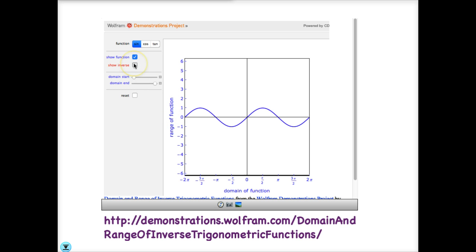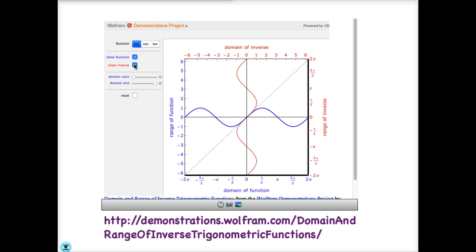However, if I show the inverse of this function, you can see in red the inverse. If I were to draw a vertical line, it would intersect the function in more than one place, so it would not pass a vertical line test. Therefore, the inverse of the sine function is not actually a function.